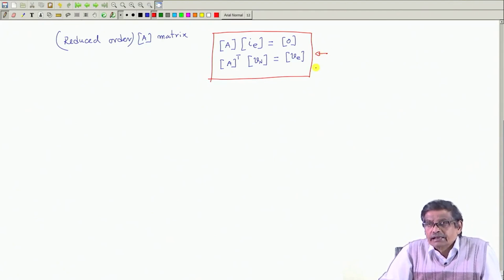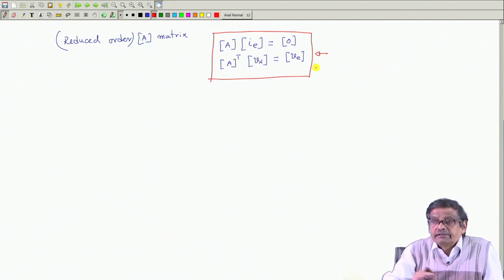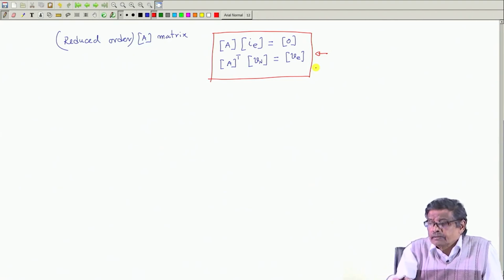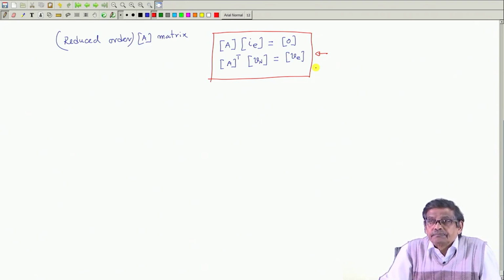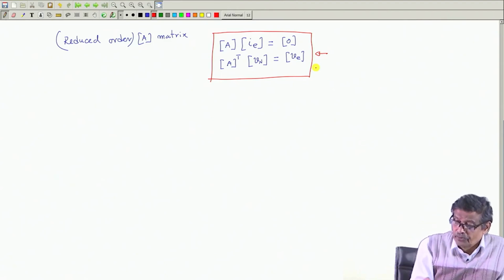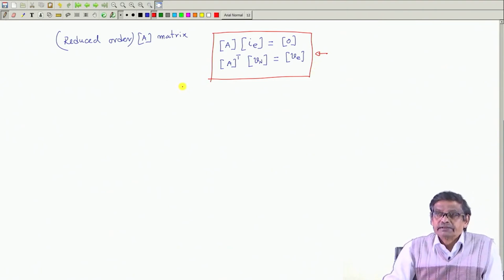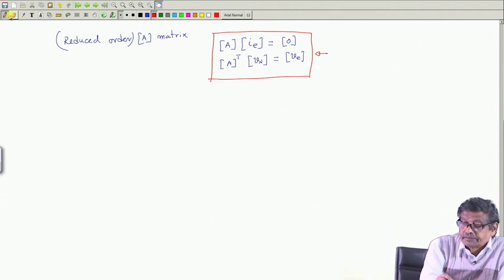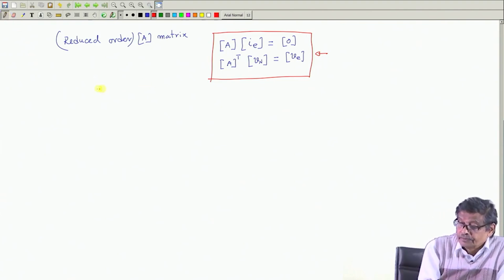What merely I am telling is that there exists some matrix A, whose entries are very simple numbers, plus 1 and minus 1, and they relate important things. Clear? So, we will now go to define another matrix, which is called cut set matrix. So, I will say this one.